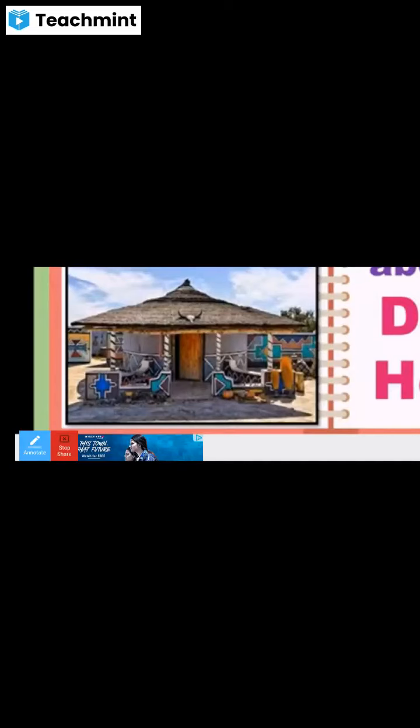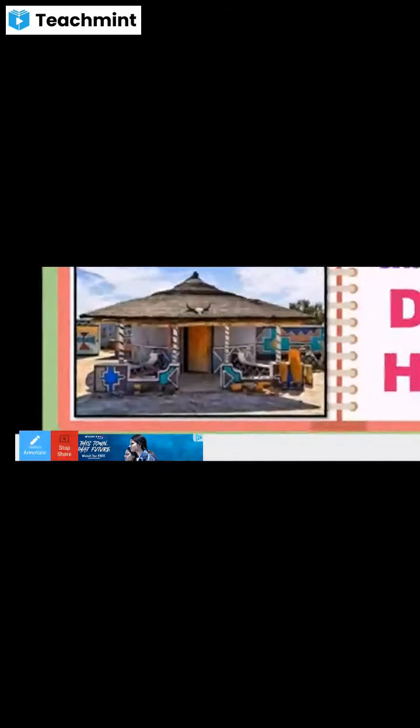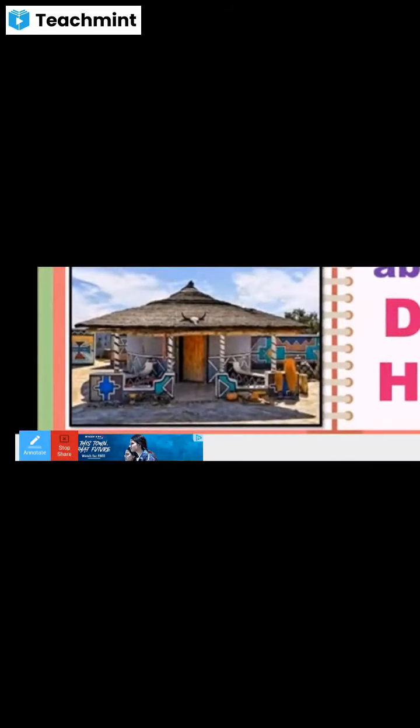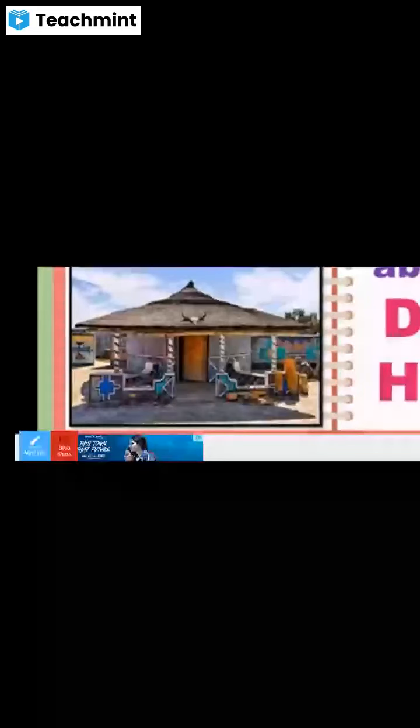What do you think about your dream? How would you build your home? Here is an example of some houses. If you can imagine your dream like this, you can dream of any different types of houses.